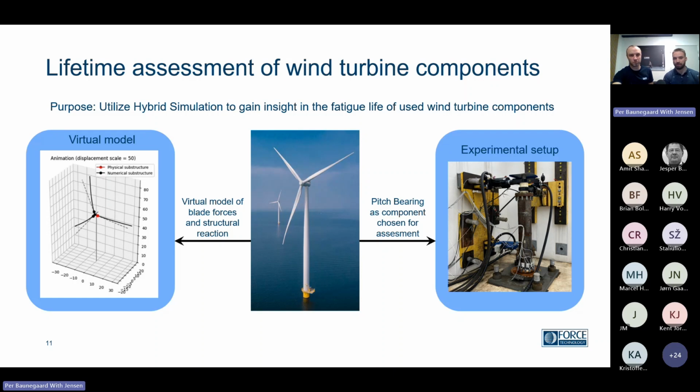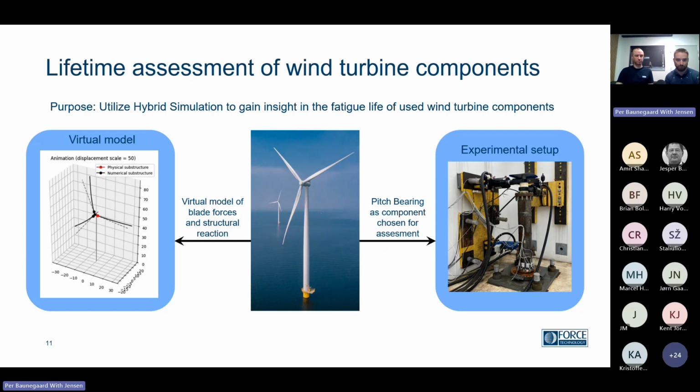And this bearing is affected in a slightly weird way during its lifetime. It's a nonlinear behavior component, and also in a nonlinear behavior system.